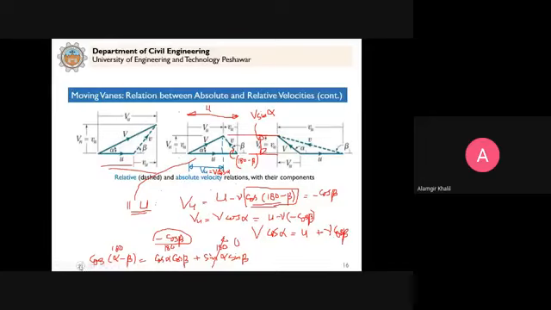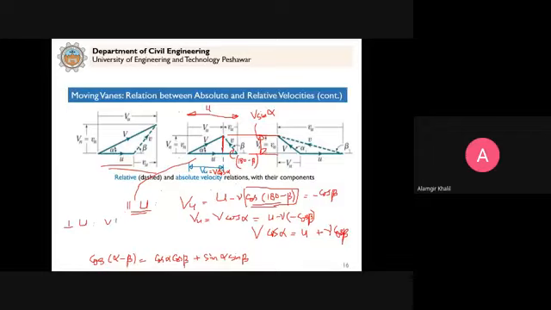Now for case 2, perpendicular to U, the component here. So perpendicular to U is what? This will be equal to V sine of alpha. You see perpendicular, so these components are the same.